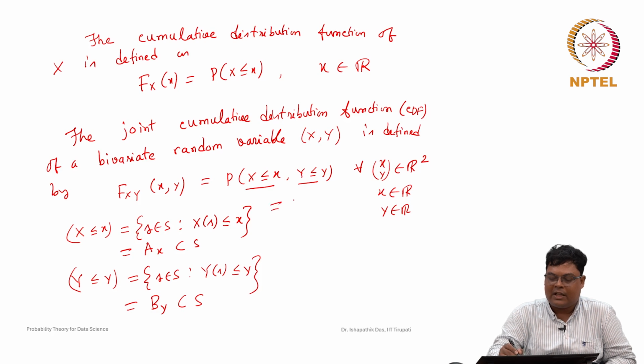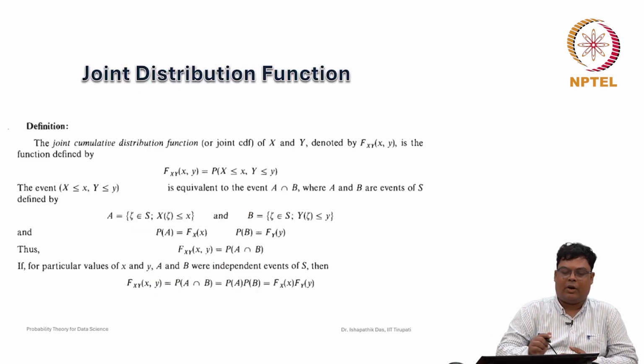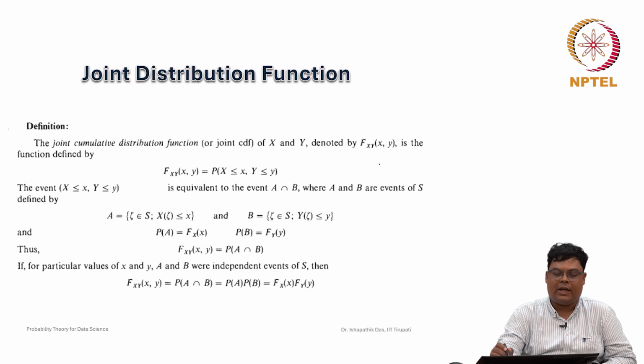So this probability is nothing but the probability that X is less than or equal to x intersection Y is less than or equal to y, which is the probability of A_x intersection B_y, for all x and y. This is the definition of the cumulative distribution function. So, the joint cumulative distribution function, or joint CDF, of X and Y, denoted by F_XY of (x, y), is the function defined by F_XY(x, y) equal to the probability of X less than or equal to x, Y less than or equal to y.